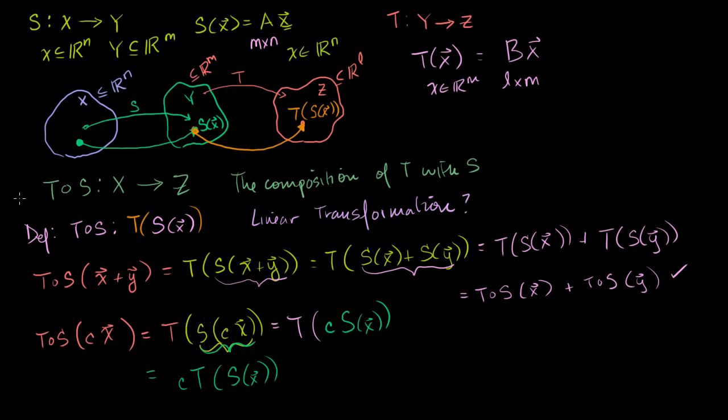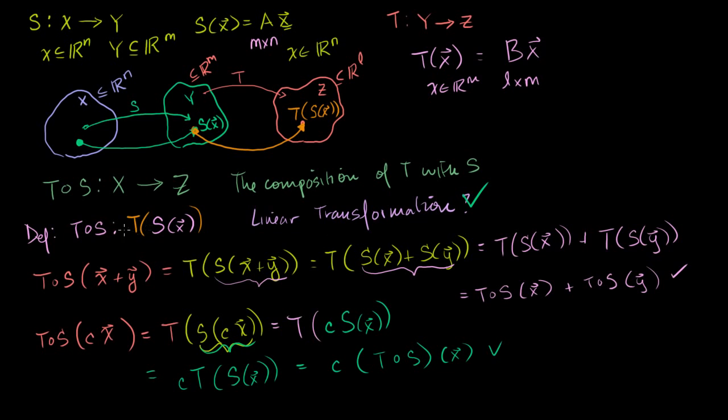And this is equal to the constant c times the composition of t with s of our vector x right there. So we've met our second requirement for a linear transformation.